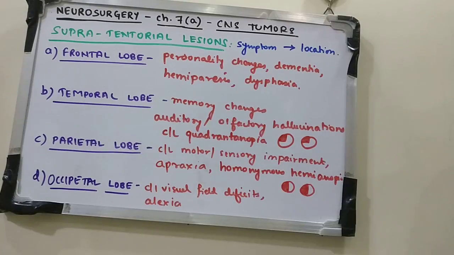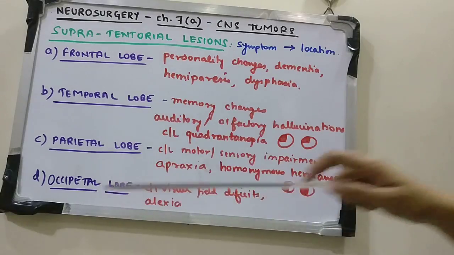It can also cause apraxia. Apraxia is basically not being able to carry out learned motor movements. Like if I tell you how to light up a matchstick, that person, because he has a parietal lobe lesion, will not be able to light up a matchstick. The patient can also present with homonymous hemianopia.